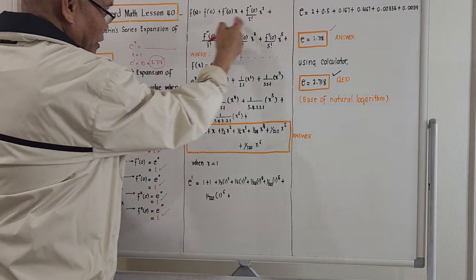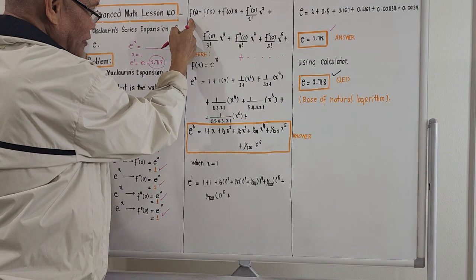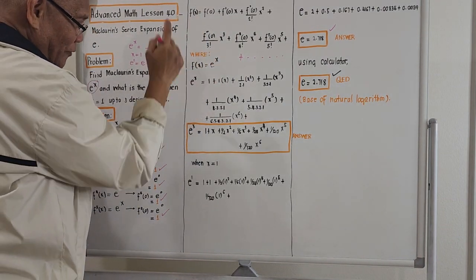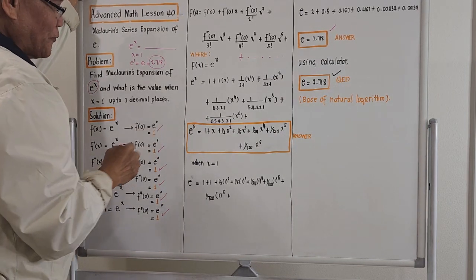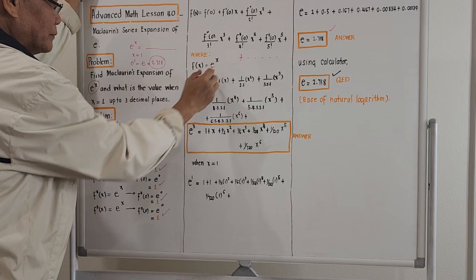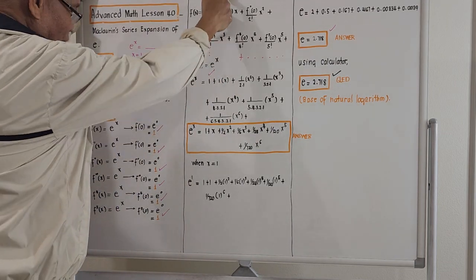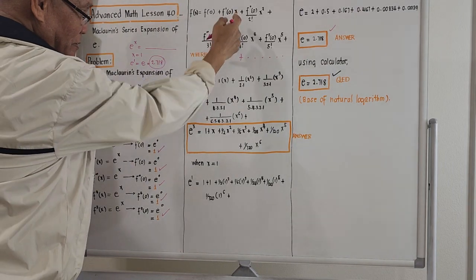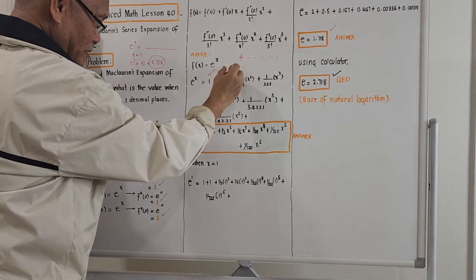So if we follow this, then we will replace function of x by e to the x. E to the x now will be equal to f of 0, which is actually 1. F prime of 0 is actually 1 also. So this is 1 times x.